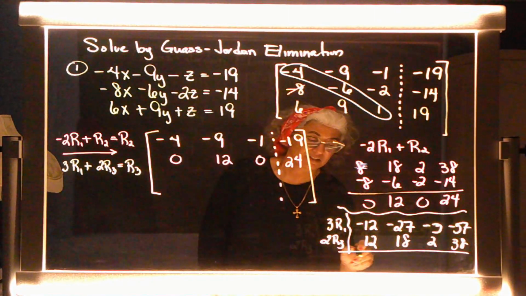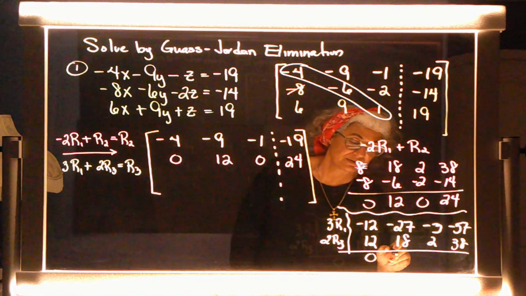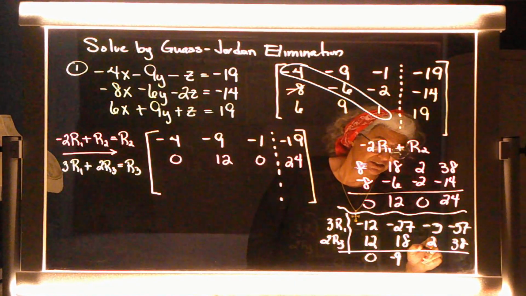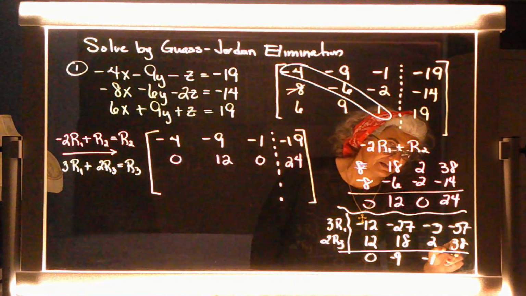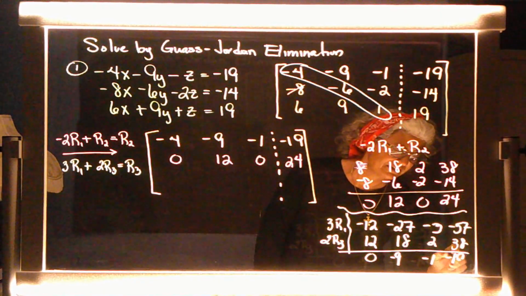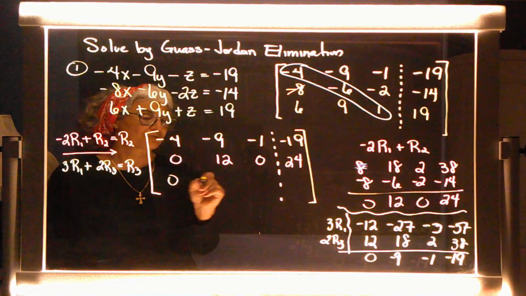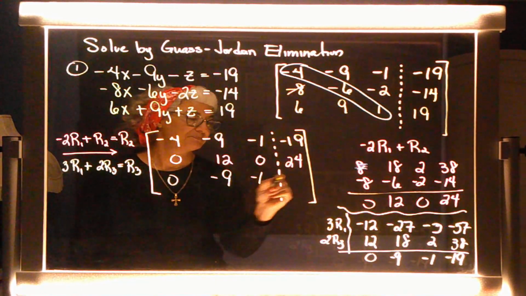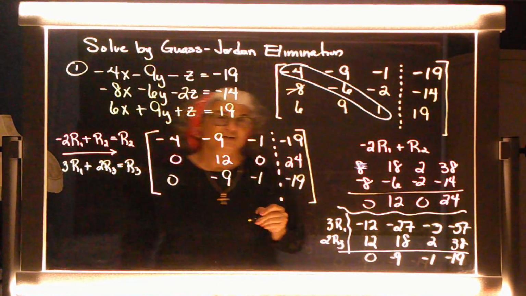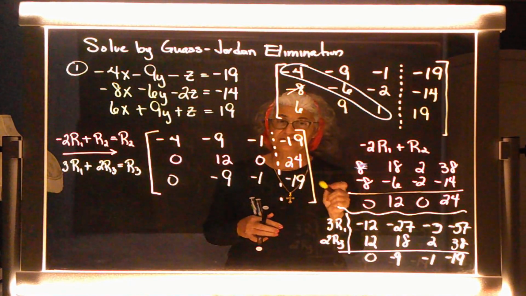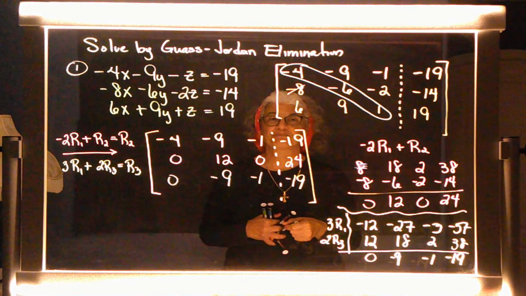And when you add those together, we get 0 and -9. We get -1 and, yeah, -19. Correct? So this is my new third row. How's this doing? Making sense? It's the elimination method. Remember that.